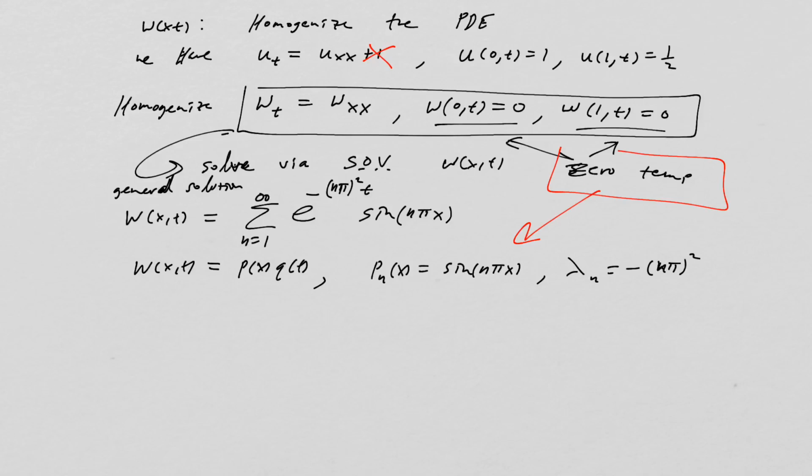All right, so those are our eigenvalues. And of course, our Q_n(t) is going to be e to the negative lambda_n t times, oh, I forgot one thing. We forgot our B_n coefficients. So the B_n are going to be our free parameters.